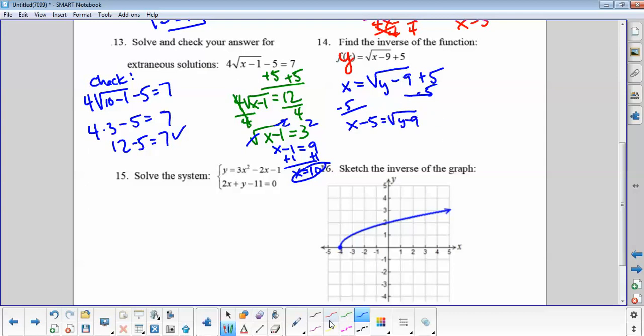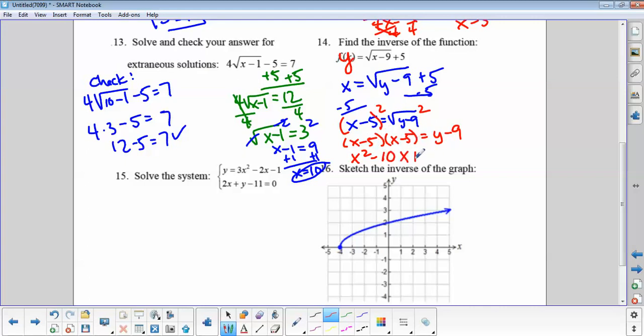And then when you square both sides, it gets a little tricky because we need to multiply x minus 5 times x minus 5. And that gives us y minus 9. So I have x squared, minus 5x makes minus 10x.